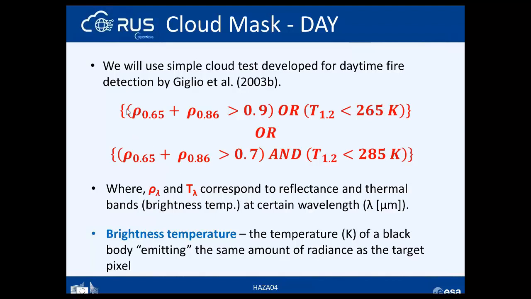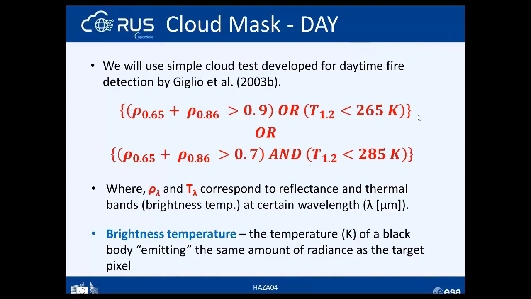Here we basically use an algorithm, a band combination and threshold, to discriminate between cloud and no-cloud pixels. We are using the reflectance band at 0.65 micrometers of wavelength and the reflectance band at 0.86 micrometers, and we are applying 2 different thresholds to it.